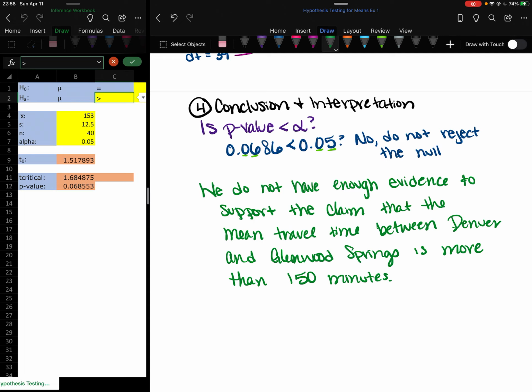So we did not have the evidence to support the claim that the travel time was more than 150 minutes. And we want to be specific. So there was the travel time between Denver and Glenwood Springs. And that's it.